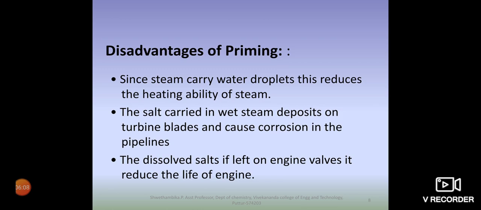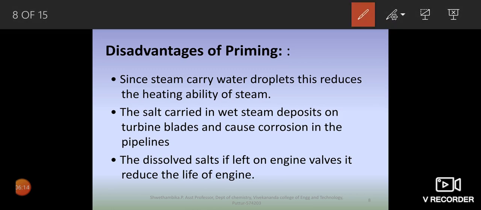Now let us list some disadvantages of priming. Here, what is to be remembered is, as the steam carries the water droplets, the heating ability of the steam would be reduced. In the sense, the efficiency of the steam would be decreasing.